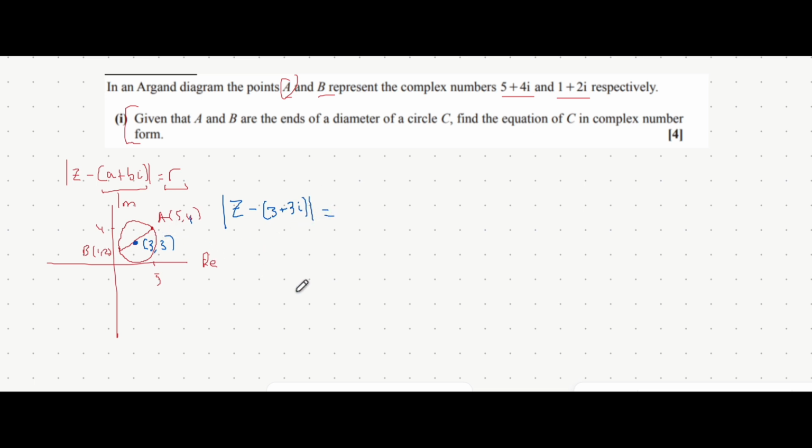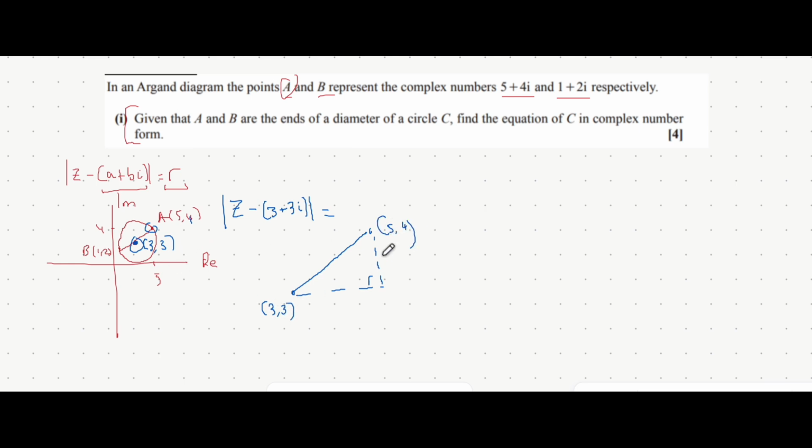Now to find the radius, what I'd recommend is drawing an enlarged version of one of the coordinates on the circle and also the center. Why that helps is you can then form your own right angle triangle and find the magnitude of the hypotenuse of the right angle triangle. So here (3, 3) represents the center, and (5, 4) represents a point on the circle.